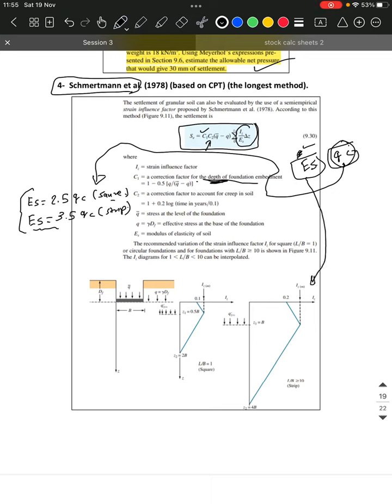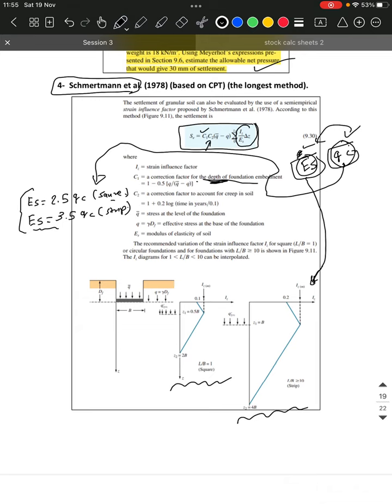So the first step we're going to do in our question later is to turn qc into Es, but sometimes you're given Es outright. Now, when you have a strip footing, you use this chart, and when you're given a square footing, you use this chart.